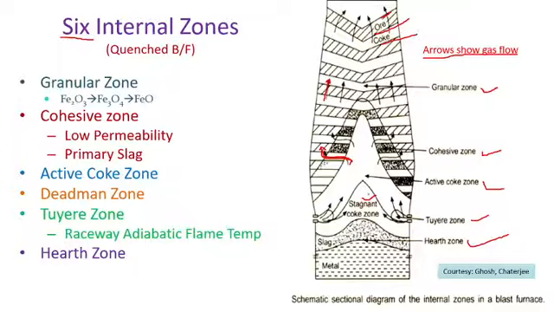The stagnant coke zone, the bottom coke zone, is also called your dead man zone. As the name suggests, this coke doesn't burn because the hot air blast is unable to penetrate through the center of the blast furnace.